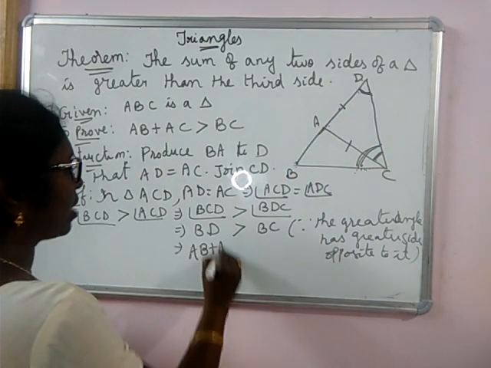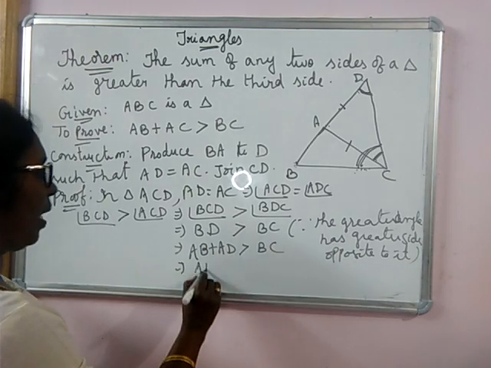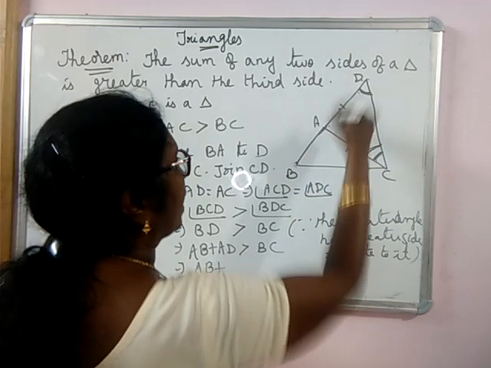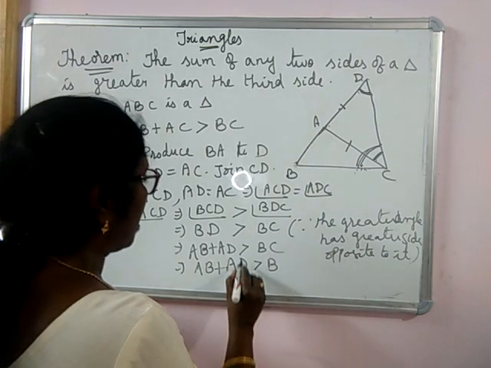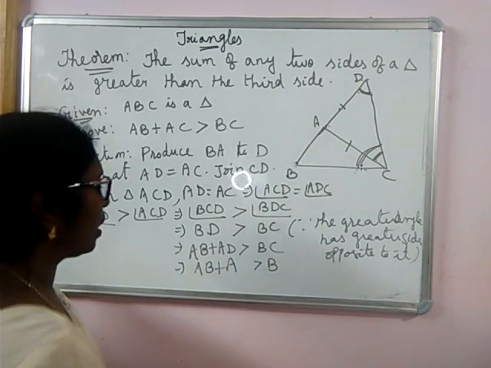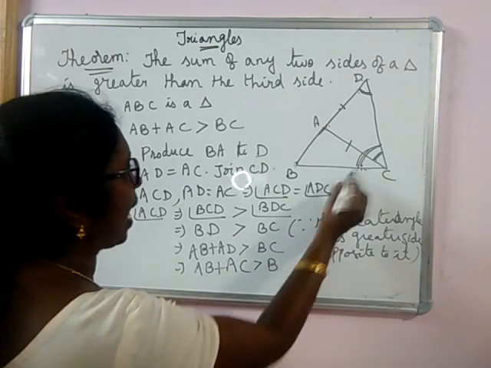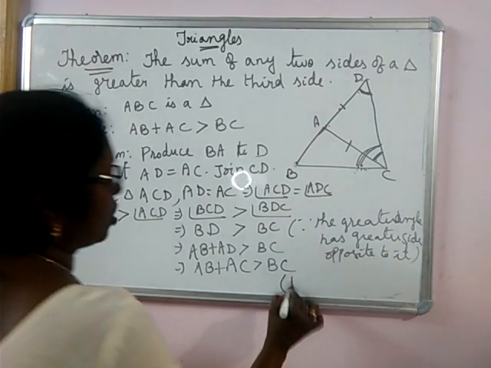So AB plus AD is greater than BC, but AD is equal to AC. So AB plus AC is greater than BC. That is what we had to prove.